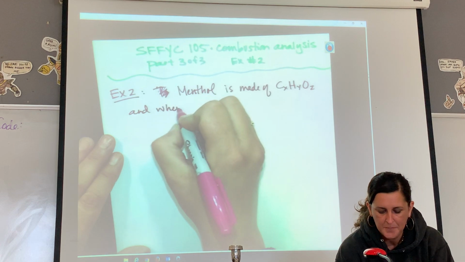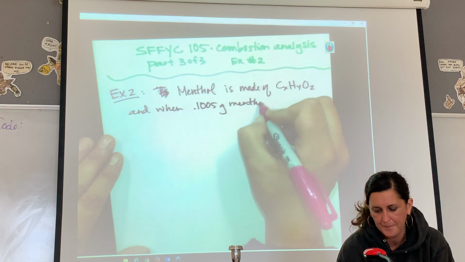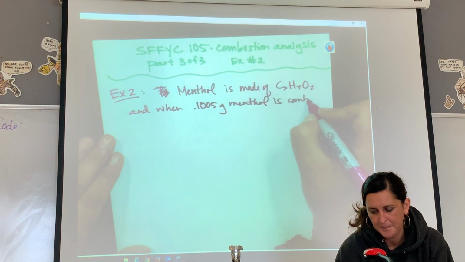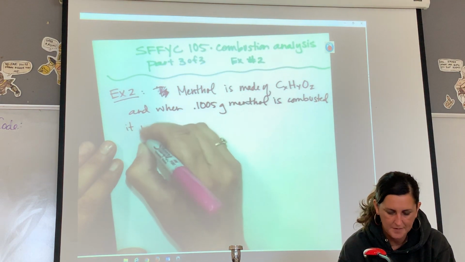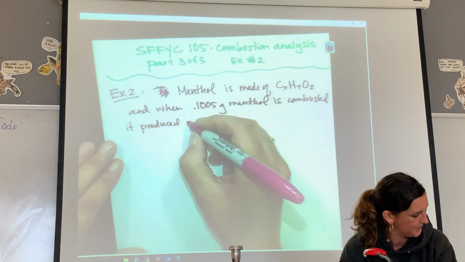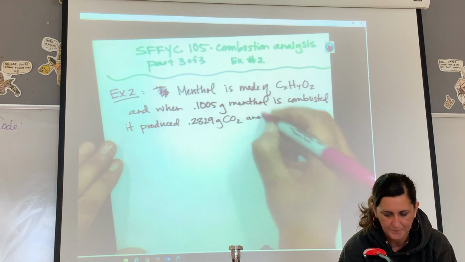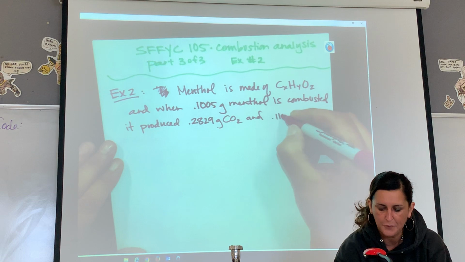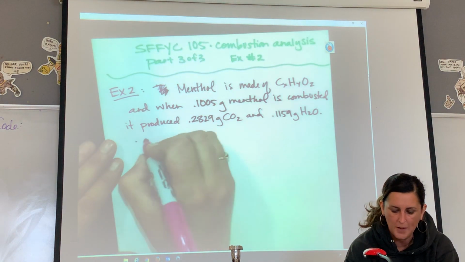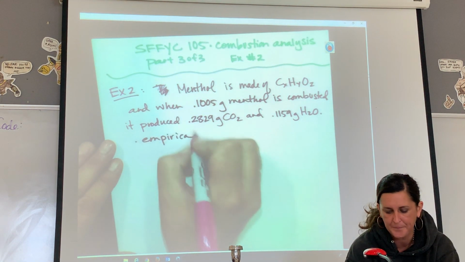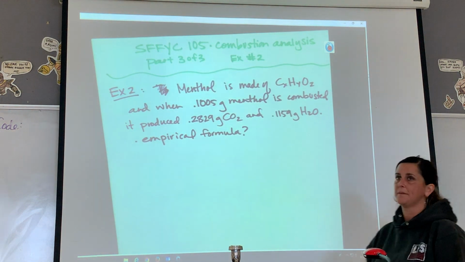And when 0.1005 grams of menthol is combusted, we have produced 0.2829 grams of carbon dioxide and 0.1159 grams of water. And we want to know what is the empirical formula of menthol based on these numbers.